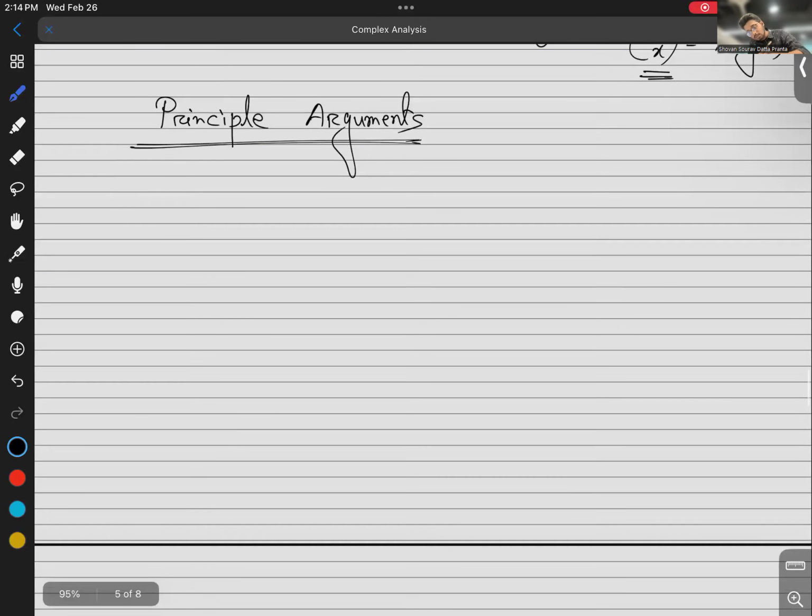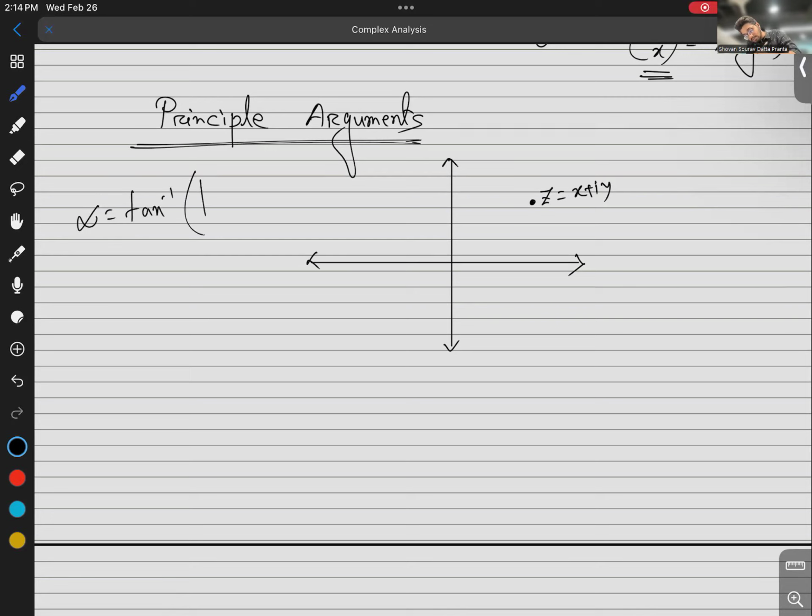So if we're considering the coordinate system as this, and we are trying to find the principal argument, let's say our point z is in the first quadrant, x plus iy. And we are defining an angle alpha equal to tan inverse of modulus of y by x.